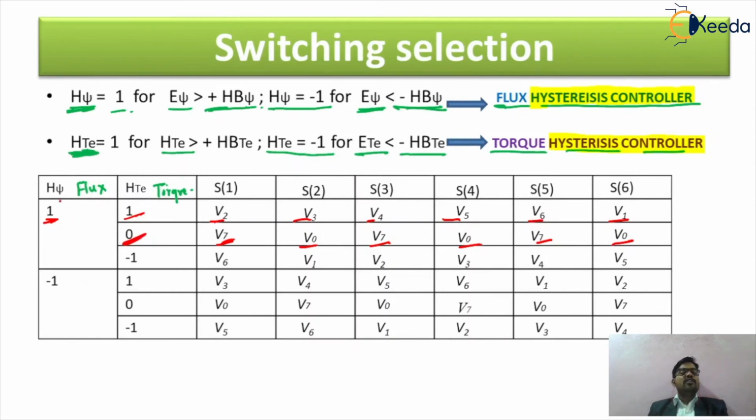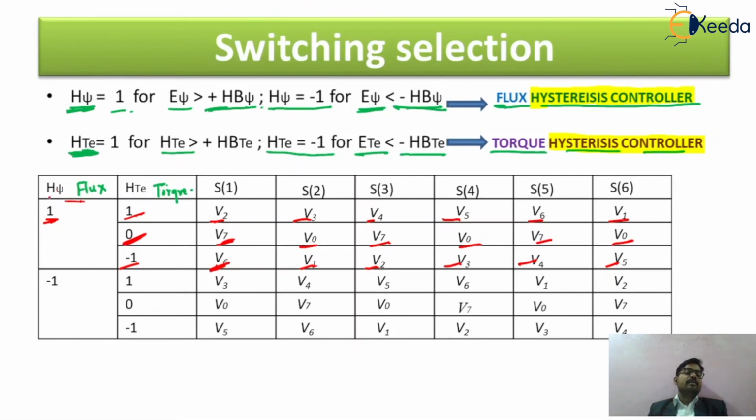And if Hψ is 1 and the HT value is -1, we get the phase sequence V6, V1, V2, V3, V4 and V5. In this way, if we change the value of Hψ, in concern with the hysteresis control loop of your flux and torque quantities, we can change the different selector switches. This is the fundamental switching selection of your different switches.